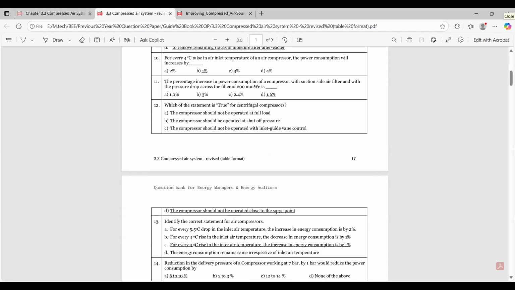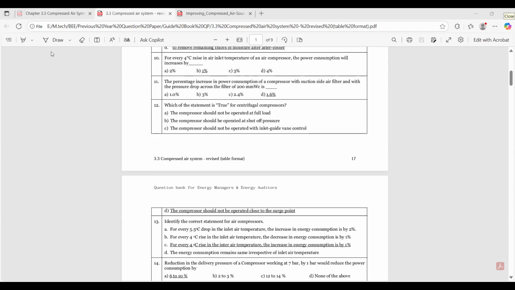Identify the correct statement for an air compressor. For every 4 degrees Celsius rise in inlet air temperature, your consumption goes up by 1%.